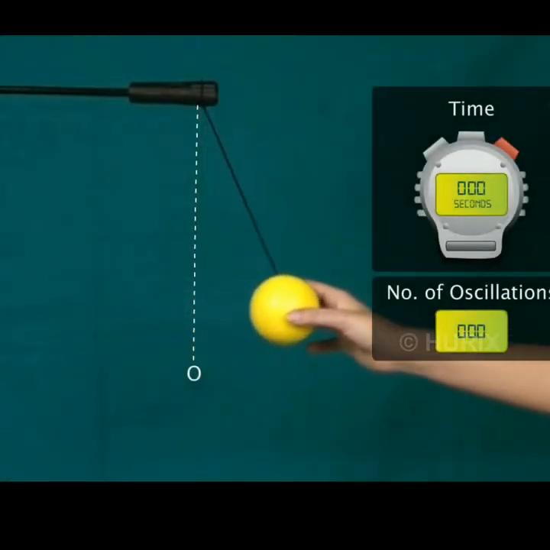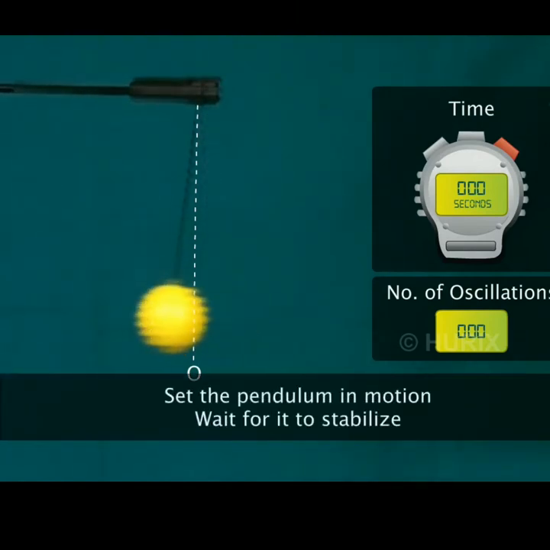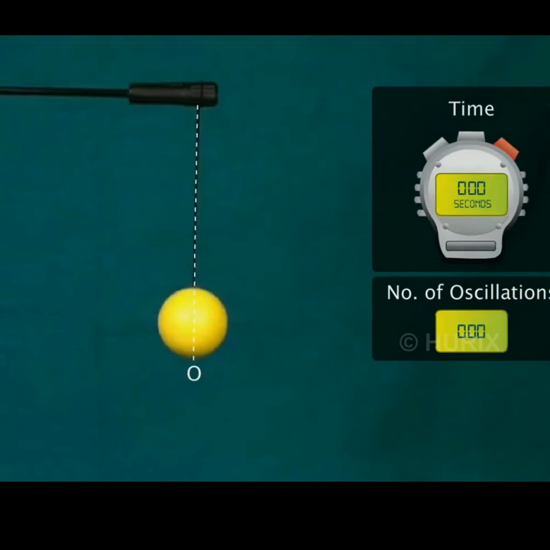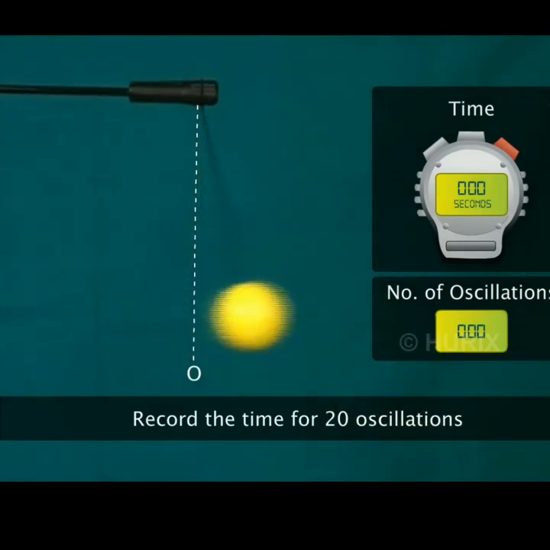Let's now see how to measure the time period of a simple pendulum. First, set the pendulum in motion and wait for it to stabilize. Now, record the time taken by the pendulum to complete 20 oscillations.